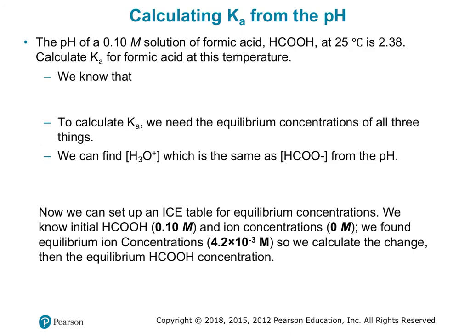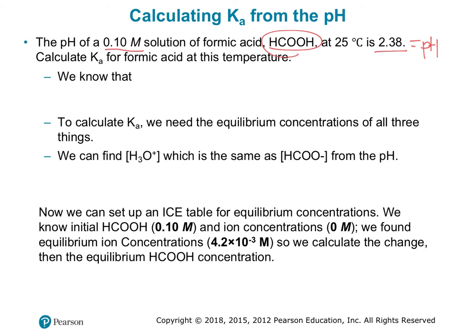The first thing we're going to learn is how to calculate the Ka constant from the pH. In this example, the pH of a 0.1 molar solution of formic acid, which we can identify as weak, at 25 degrees Celsius is 2.38. So there's the pH.